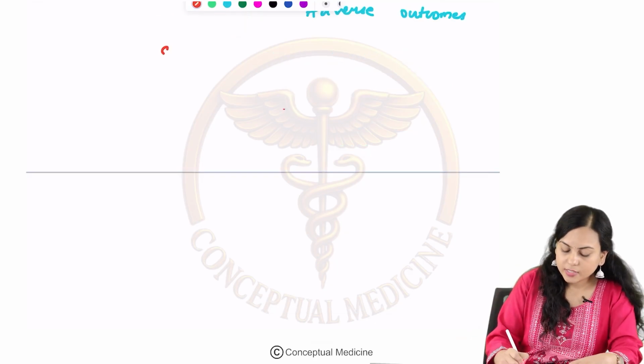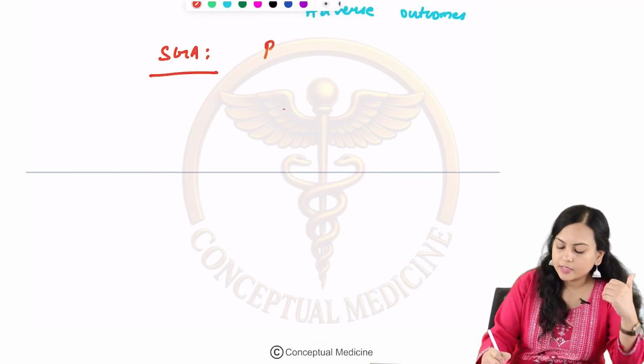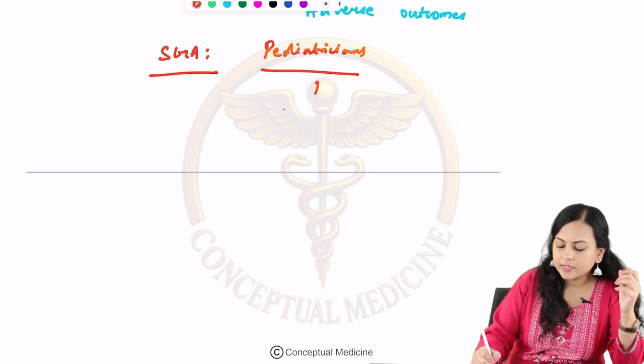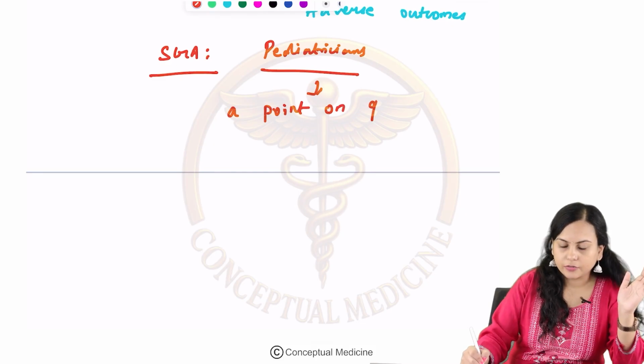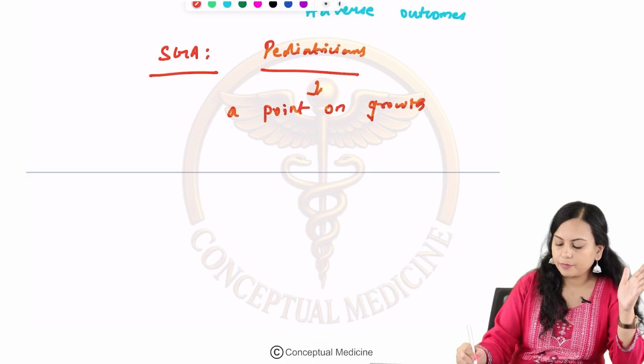So what does the term SGA mean? SGA means small for gestational age baby, and this term is mostly used by the pediatricians. It defines a point on the growth curve, specifically pointing at one point of time.